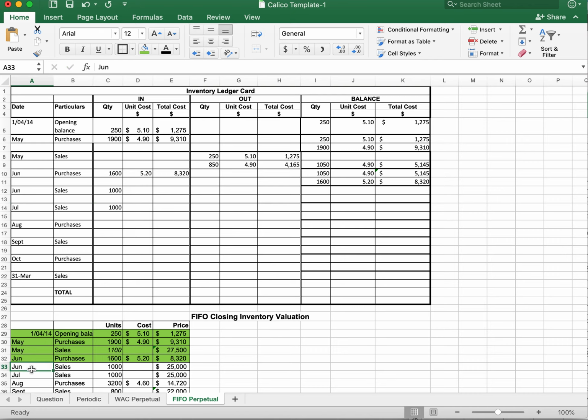I'm going to do these two at the same time. Paste it in the right column because they're sales, so it's out. 1,000, 1,000, so it's going out.